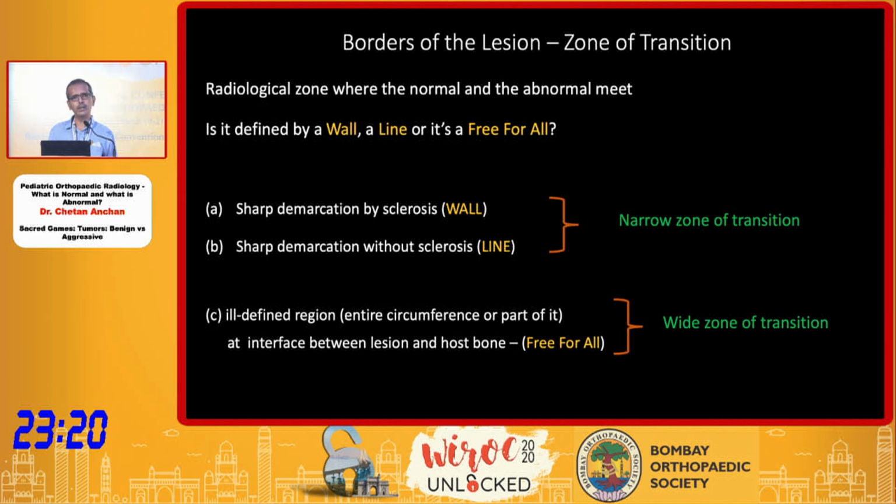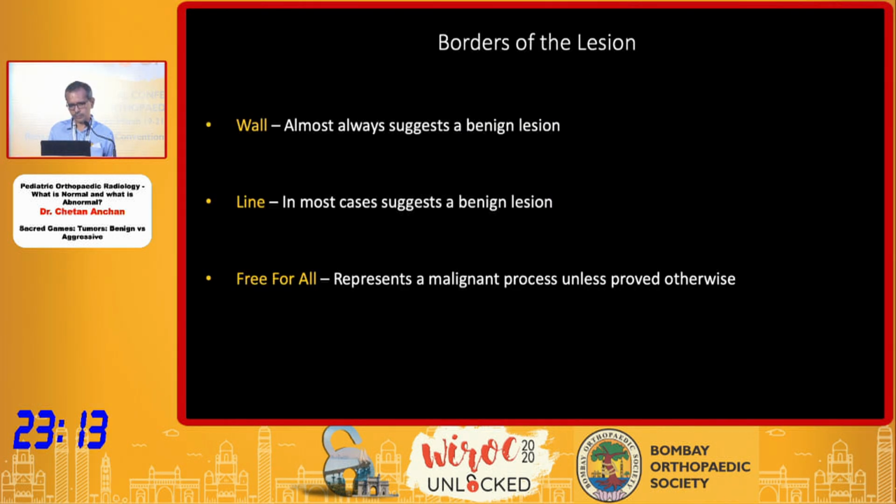So for all practical purposes, this is what we should know, whether the zone of transition is wide or whether it is narrow. All these narrow zones of transition typically indicate a benign condition. So if it is a wall where there is sclerosis in the zone of transition, it is almost always suggestive of a benign lesion. If it is just a line, in most cases it still suggests a benign lesion.